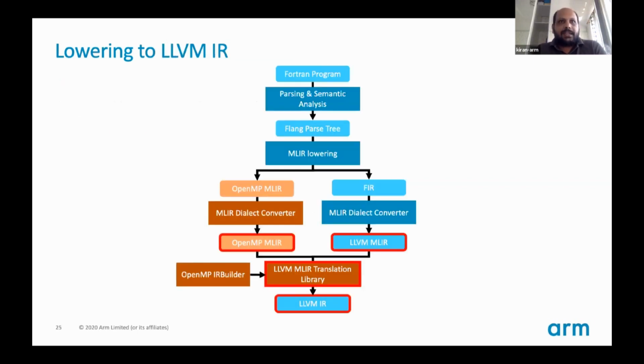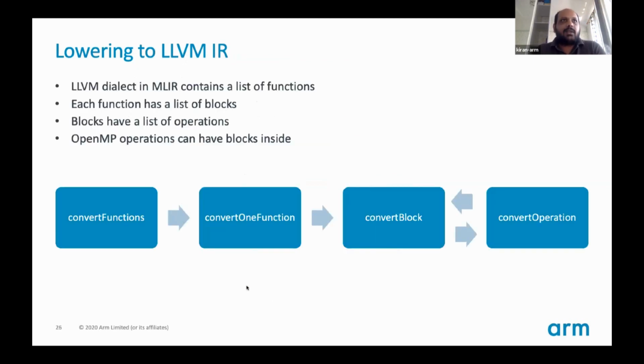So now we come to the final step. Once you have this OpenMP MLIR dialect sitting with the LLVM MLIR dialect, you want to translate it all the way down to LLVM-IR using the OpenMP IR builder. In the LLVM dialect, what we have is a list of functions, and each function can have a list of blocks, and the blocks have a list of operations inside it. So that is the traditional flow for lowering from the LLVM dialect to the LLVM-IR.